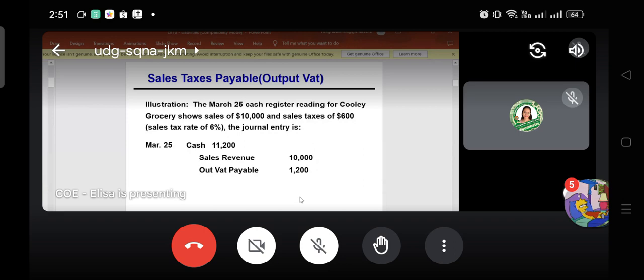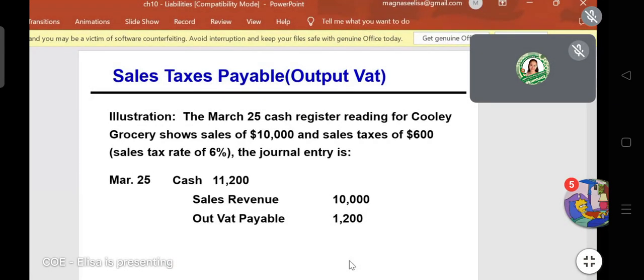But what will happen is that while we recognize here the 1,607 computed earlier as our output VAT payable, what we will remit to the BIR will be net of the input VAT. When we produce something, we buy raw materials and services, and those purchases also come with a VAT portion.